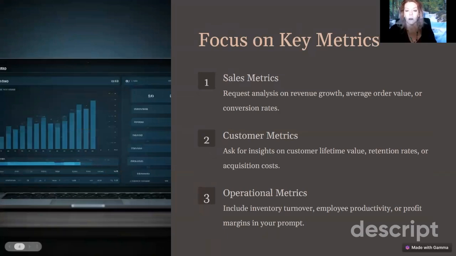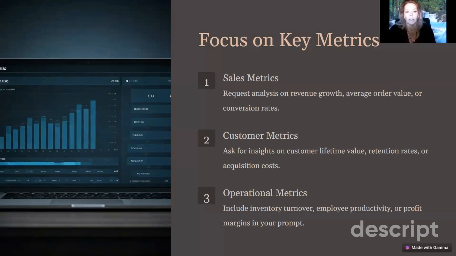And you want to focus on key metrics. So are you looking at sales metrics, customer metrics, or operational metrics? You want to request analysis on revenue growth, or you want to request metrics on sales, conversion rates, click-through rates, whatever that may be.